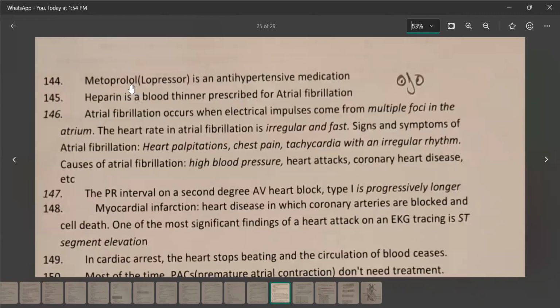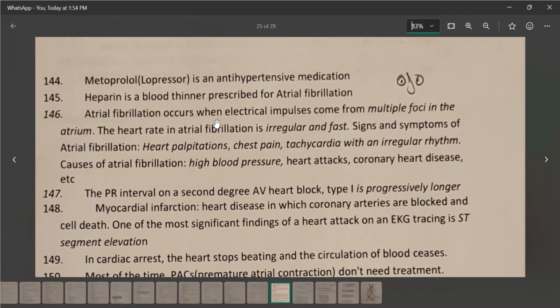144, metoprolol is an antihypertensive medication. 145, heparin is a blood thinner prescribed for atrial fibrillation. Atrial fibrillation occurs when electrical impulses come from multiple foci in the atrium.